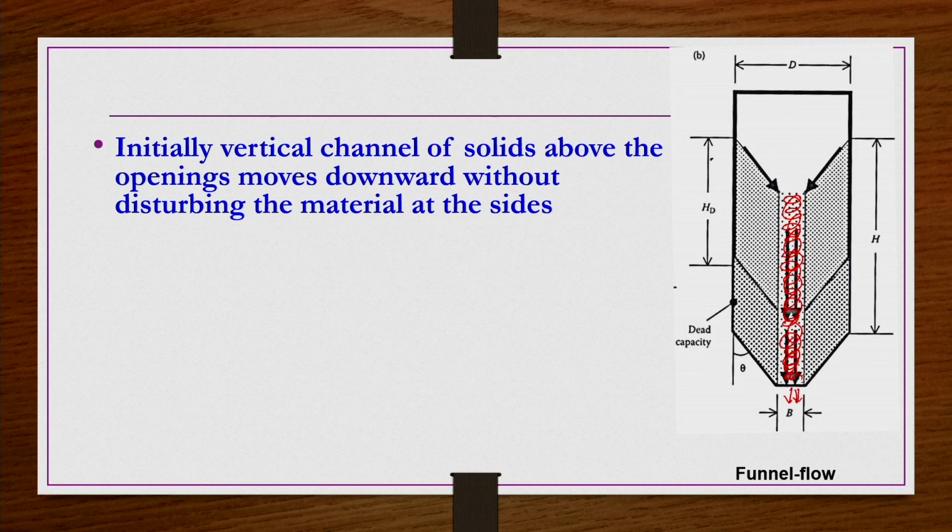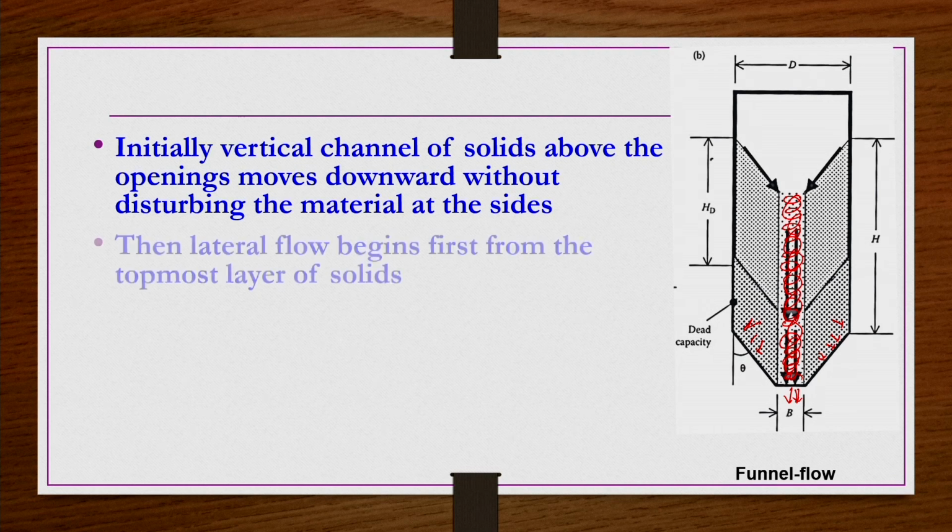It may not be exactly vertical, but almost vertical, without disturbing the material in this region. So, it is not being disturbed. Only the material just above the opening comes out as a vertical column as shown here.